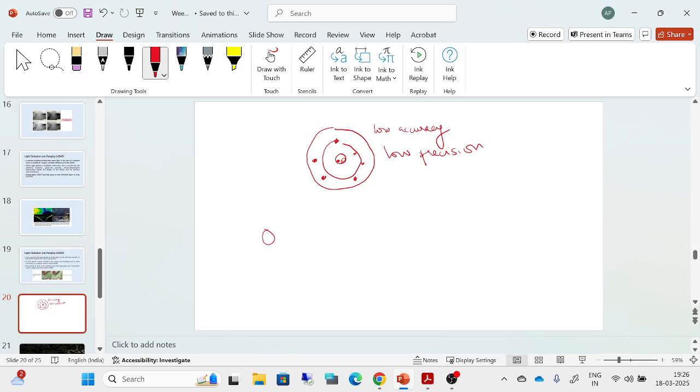Then I will draw another image, and my drawings are not at all good, but still. Here all these points, instead of being spread out, are in one place. But what you have to understand is this center portion is where we are aiming. In this image, we didn't get any point in the center part, so this has low accuracy.